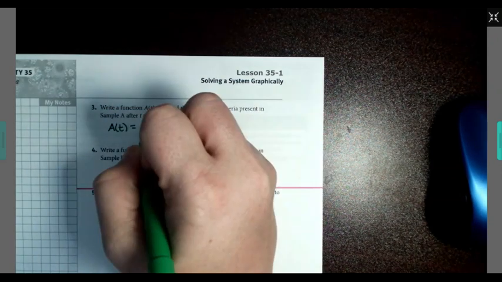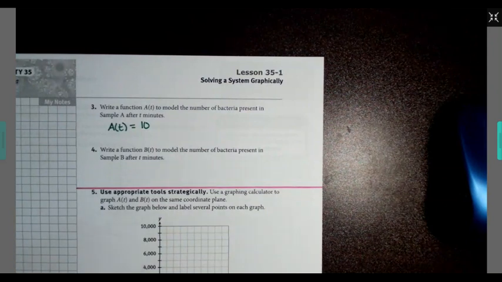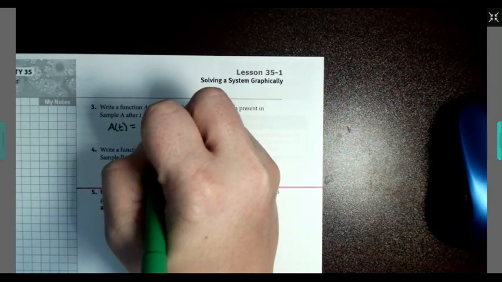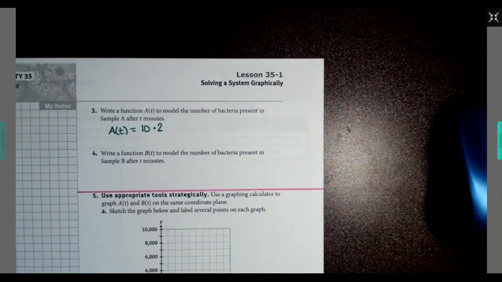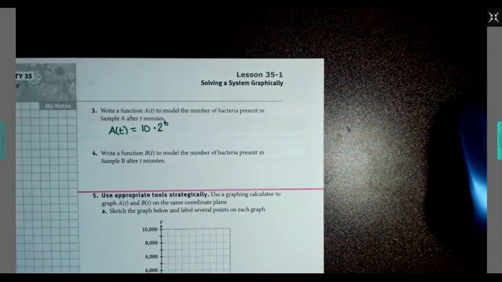We started with 10. What happened each time, each minute? We multiplied by 2. So we would raise this 2 to the t power. So this would be 10 times 2 to the t exponent.